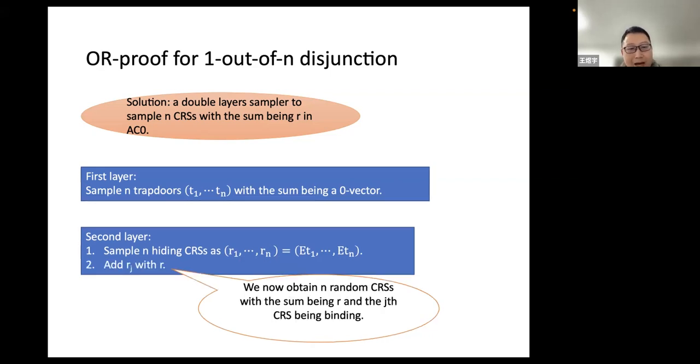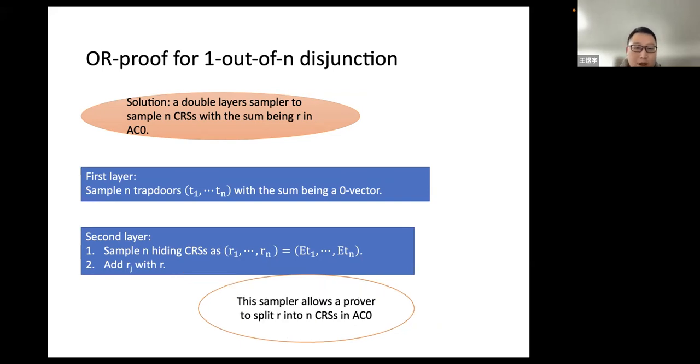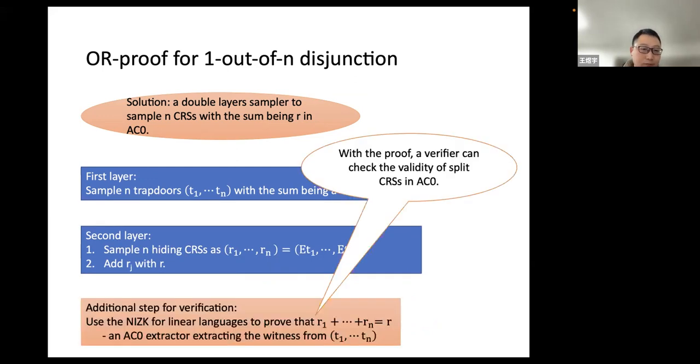And next, we will add the jth CRS with the original CRS, which is R. And now we obtain n random CRS with the sum being R and the jth CRS being binding. And we can see that this sampler allows a prover to split the original CRS into n CRS, satisfying our requirement in AC0.